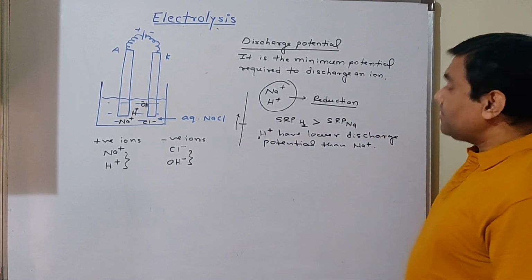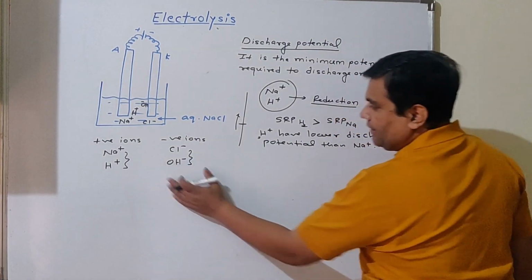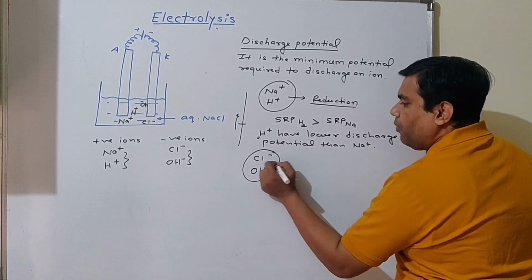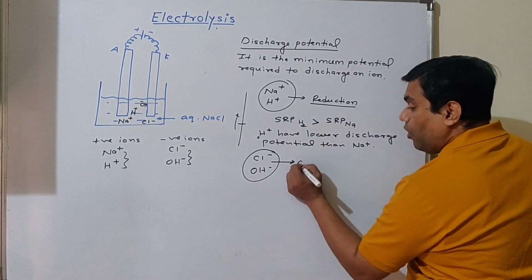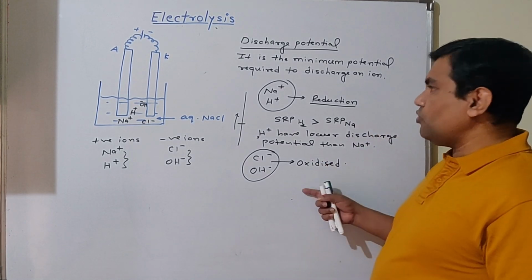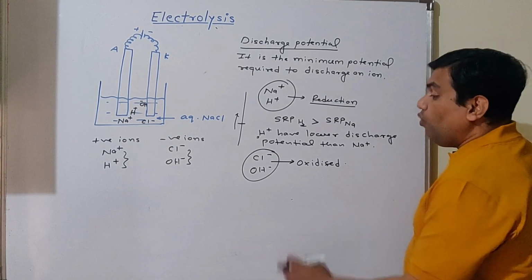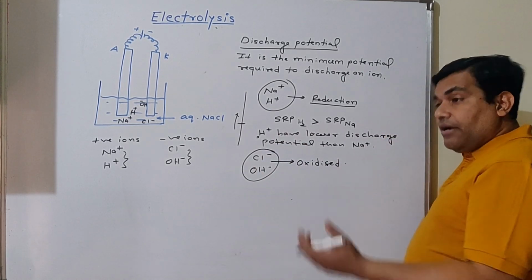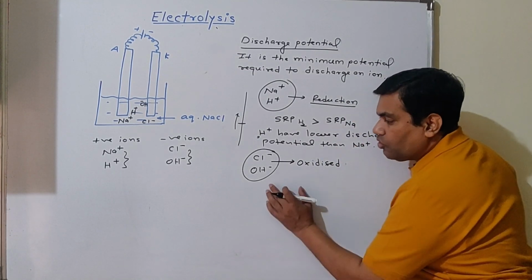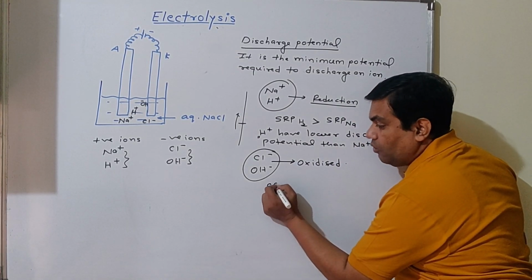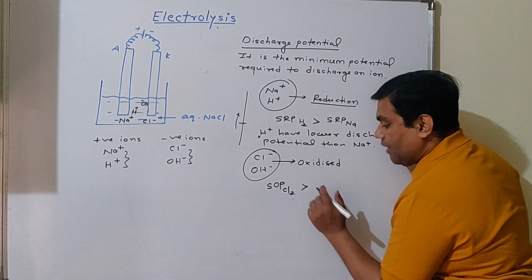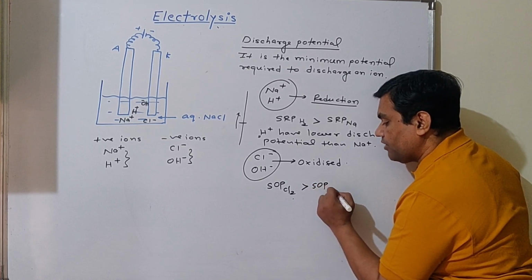Similarly, if we talk about these two ions, Cl negative and OH negative, both are supposed to be oxidized. When we say they are supposed to be oxidized, that means whoever has a greater standard oxidation potential is supposed to be oxidized first. So out of these two, the SOP, standard oxidation potential of Cl negative will always be greater than the standard oxidation potential of OH negative.